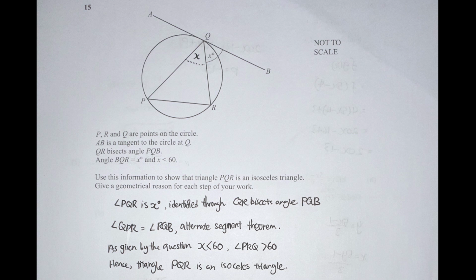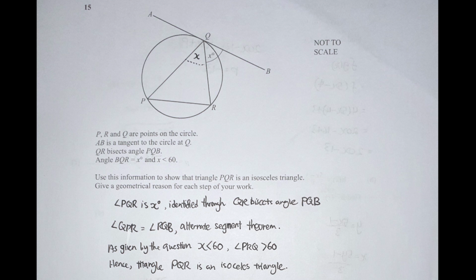The other thing was that they are using another circle theorem which goes by alternate segment theorem, where RQB actually equals RPQ. So RPQ will now be x as well. Looking at it, it seems like it is leaning towards an equilateral triangle instead of isosceles. The deal breaker here is hidden in the information where x is less than 60.